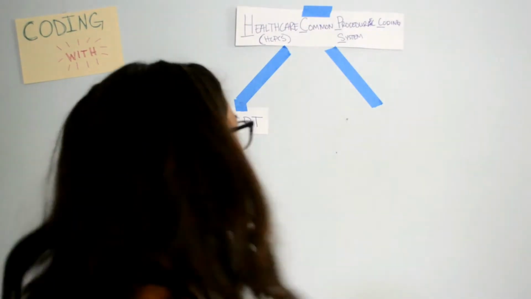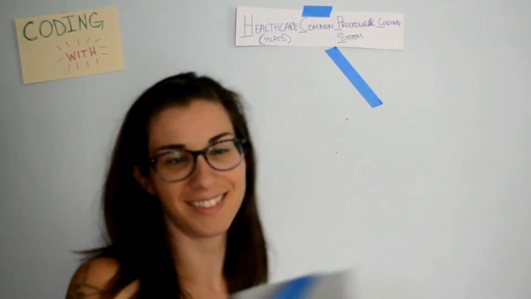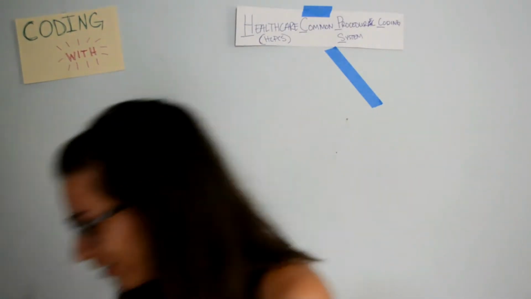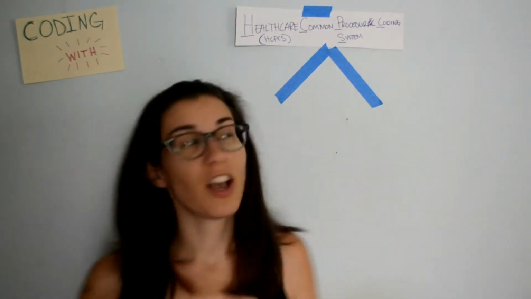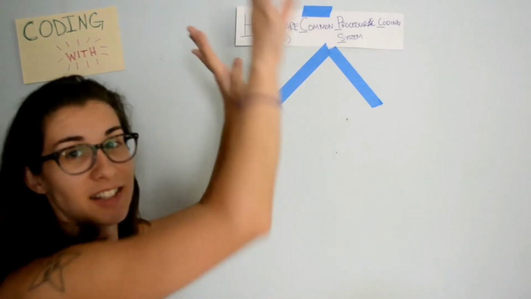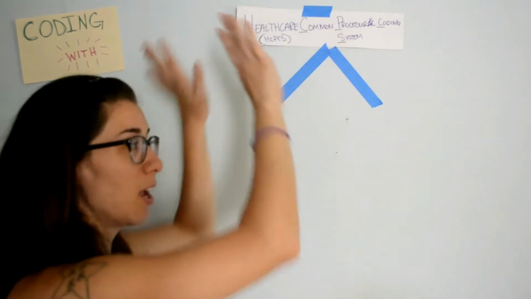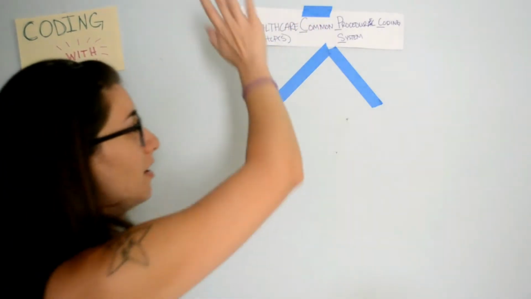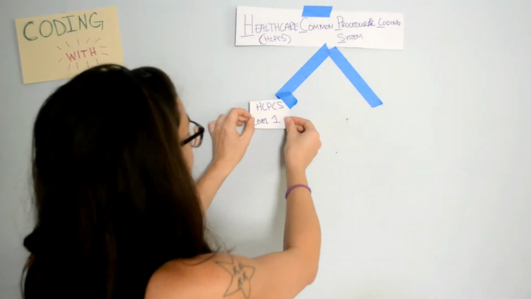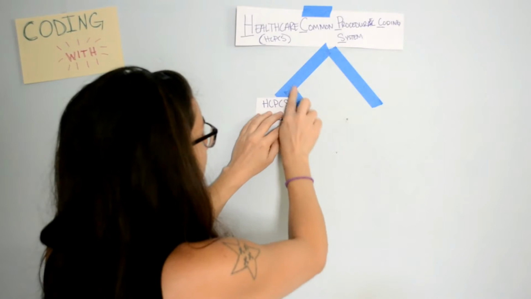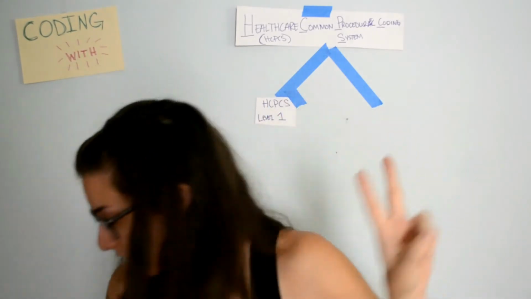See, I already got this wrong. But I caught my mistake. So HCPCS is divided into two levels of HCPCS. Level 1, level 2. HCPCS level 1 and HCPCS level 2.